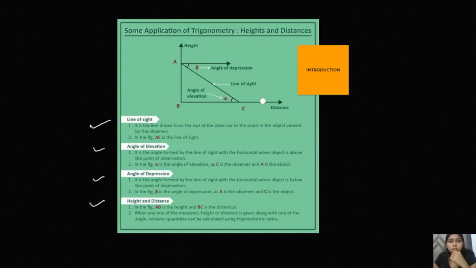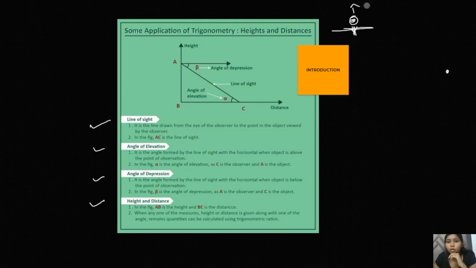So line of sight is basically the line drawn from the eye of the observer. Basically in this question someone is there to observe, or from where the object is viewed. For example, this is like a garden, and a person is standing on the roof.